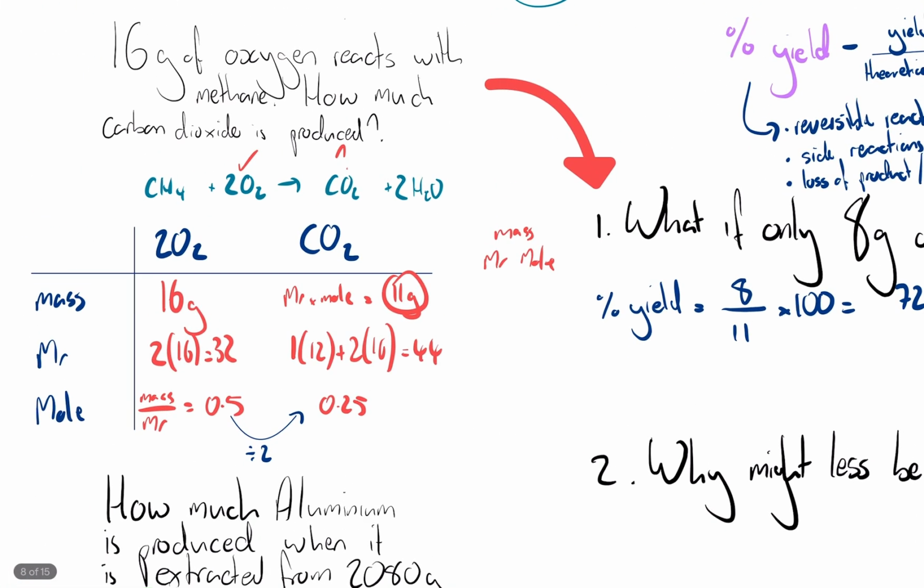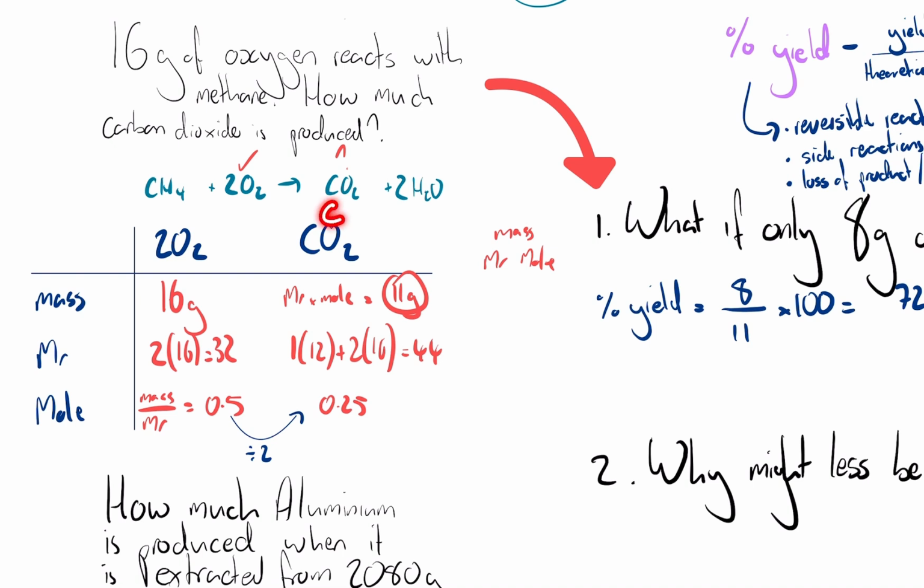Why might less be made than expected? So again, let's have a little look at the reaction. We've got methane plus oxygen makes carbon dioxide plus water. So straight away, I know that we've got a combustion reaction, so I think there's a good chance that we've got some incomplete combustion here as well.